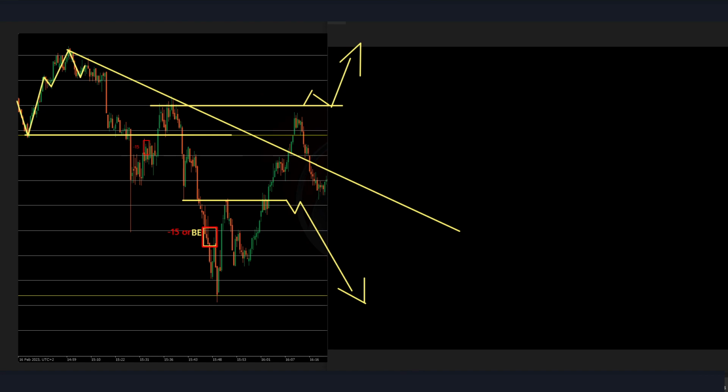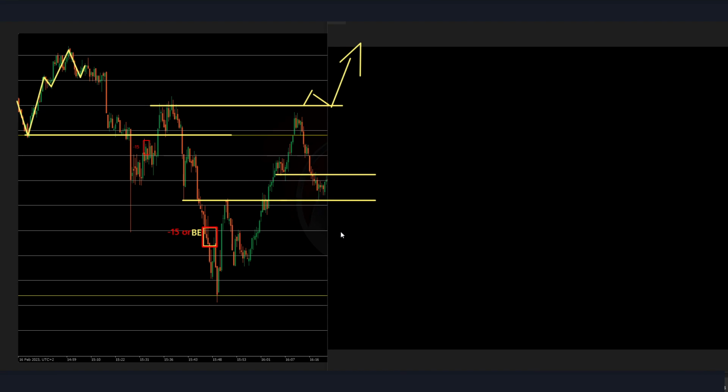Okay, so let's start to update our trade ideas. Will a retest of these lows make any sense for the continuation bearish? Not really. We are coming from a strong bullish price action. Look at the momentum.